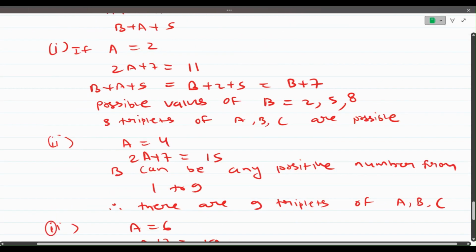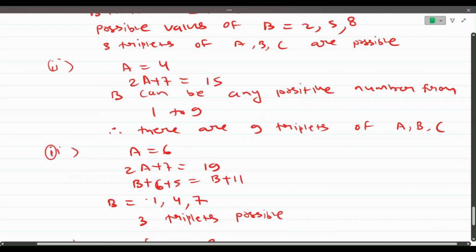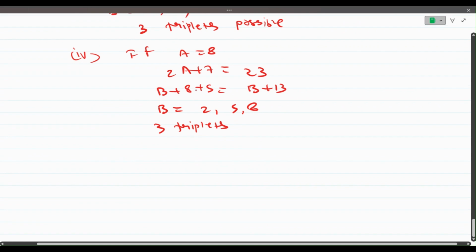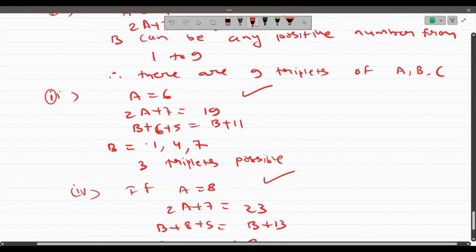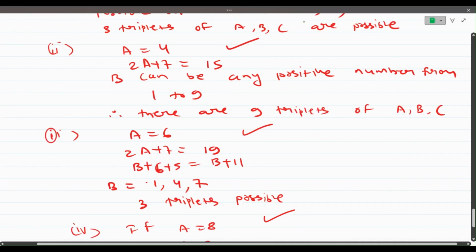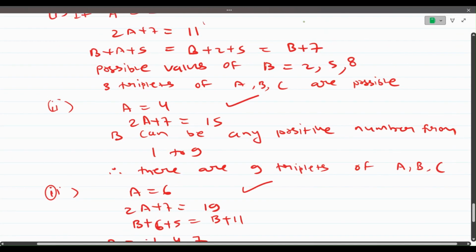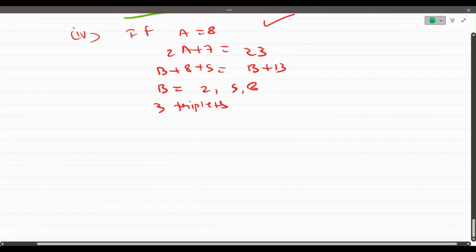So we consider all these four conditions: when A is 2, when A is 4, when A is 6, and when A is 8. So how many triplets? You see here, three triplets in the first condition, 9 in the second, three triplets in the third condition, and three triplets in the fourth condition.